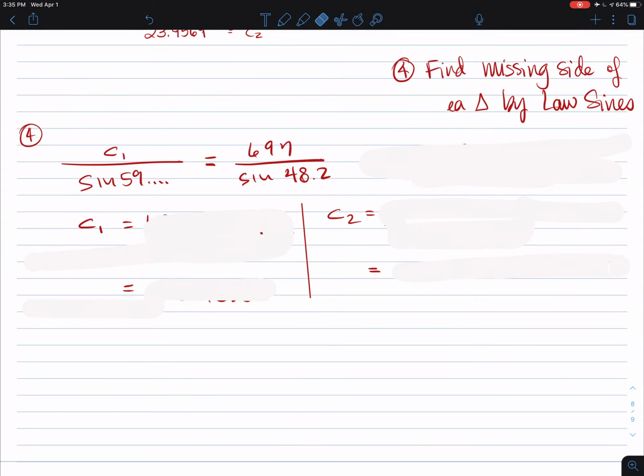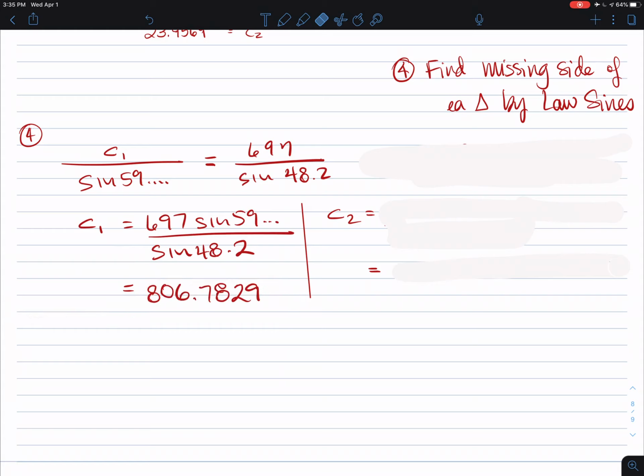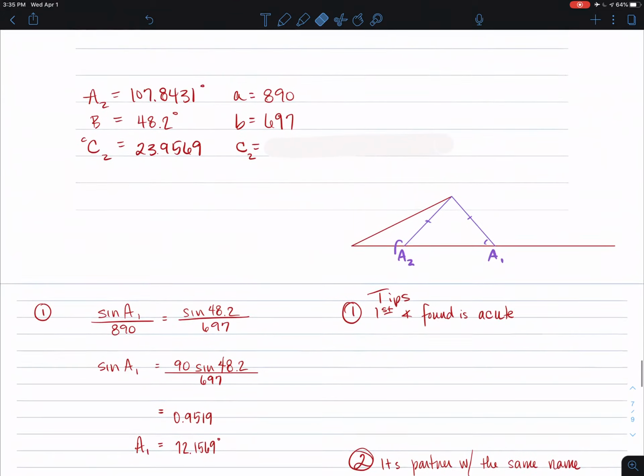All right, so there's my C fraction, and you see that I've already got my B fraction set up. Go ahead and multiply on both sides by the sine of that 59. That 59 was stored in my calculator, so I'm just using what was stored. And then put it all in, and I get 806.7829. So that gives me my C1.